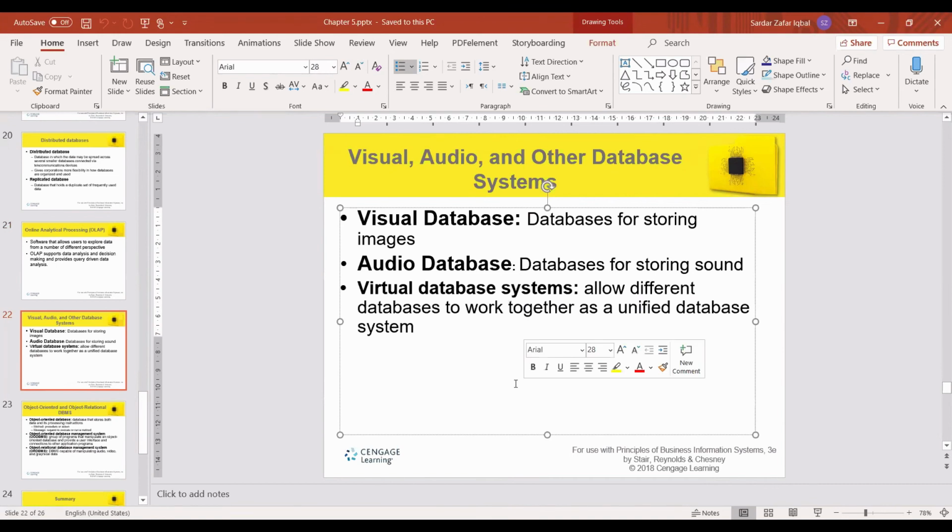So virtual means which is not real, but it works like the real database. Operating systems and database management systems usually play a role in managing these kinds of databases.